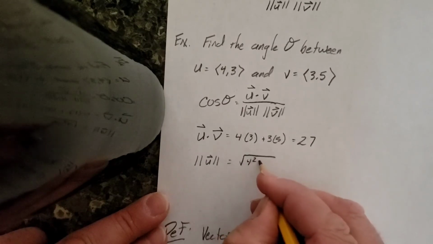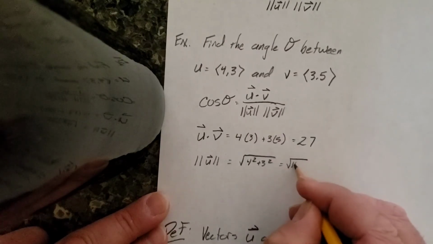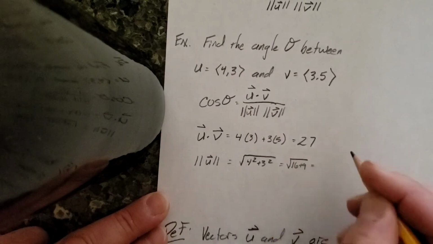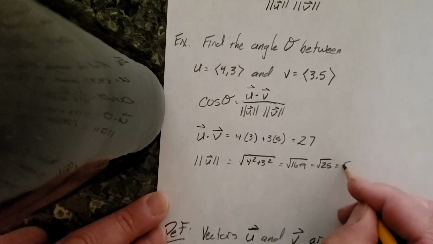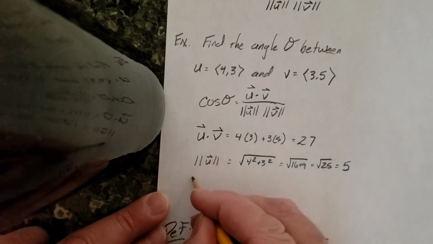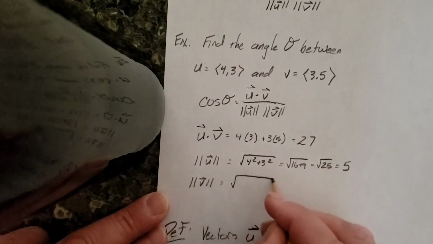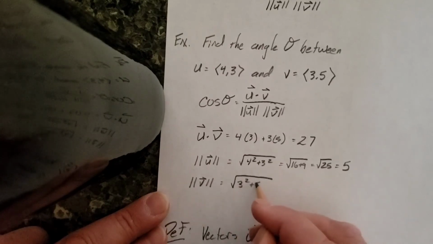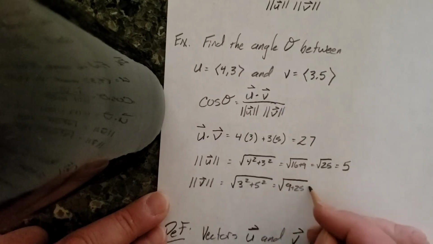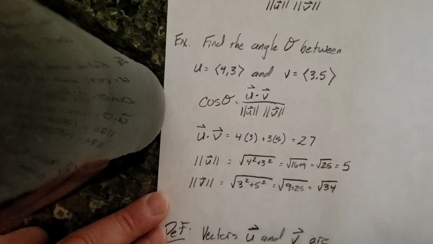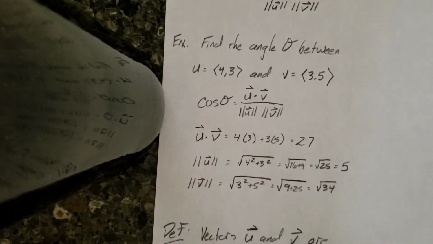So it's 4 squared plus 3 squared, and that's radical 16 plus 9, which is radical 25, and we all know the square root of 25 is 5. Now I'm going to do the same thing for v. It's going to be 3 squared plus 5 squared. The square root of 9 plus 25 is the square root of 34. And we are not going to simplify that. We can't simplify that radical.